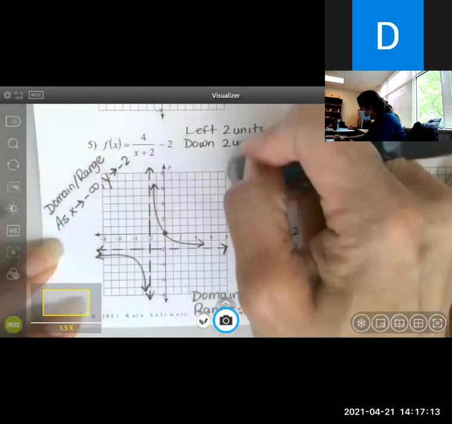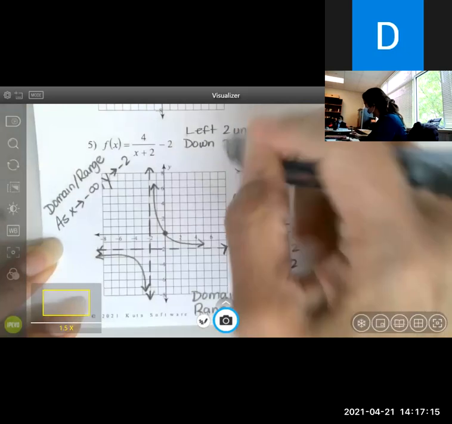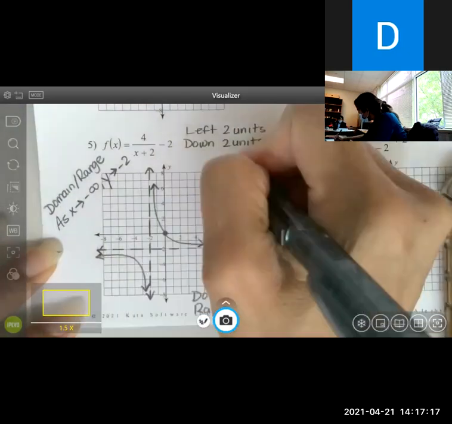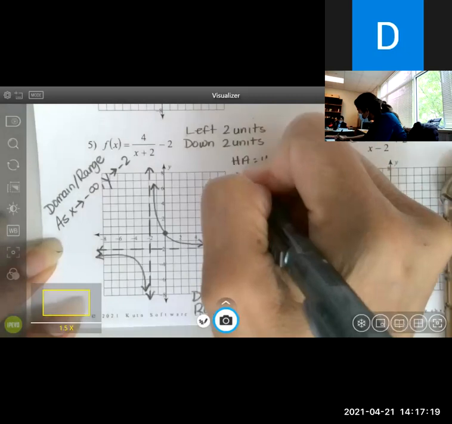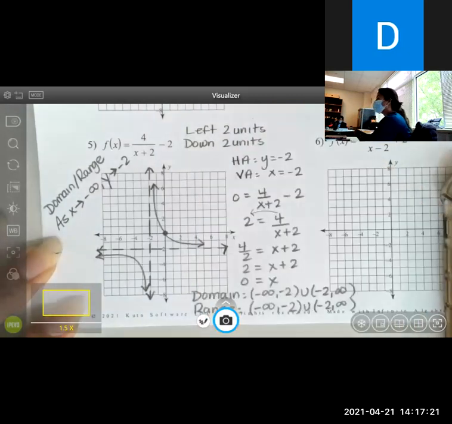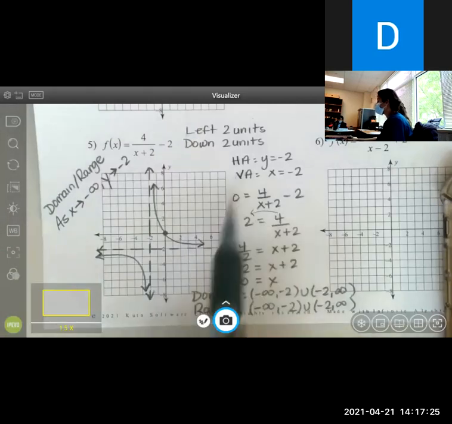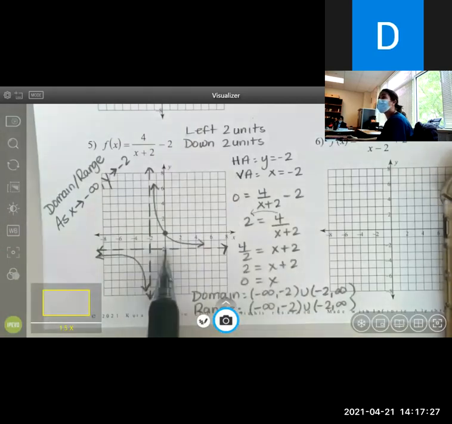So let me change this instead. Thank you so much. Thank you for not being afraid to correct. So the horizontal asymptote is this one. It's going through the y at -2, and the vertical is going through the x-axis at x equals -2. Thank you so much, Maria.